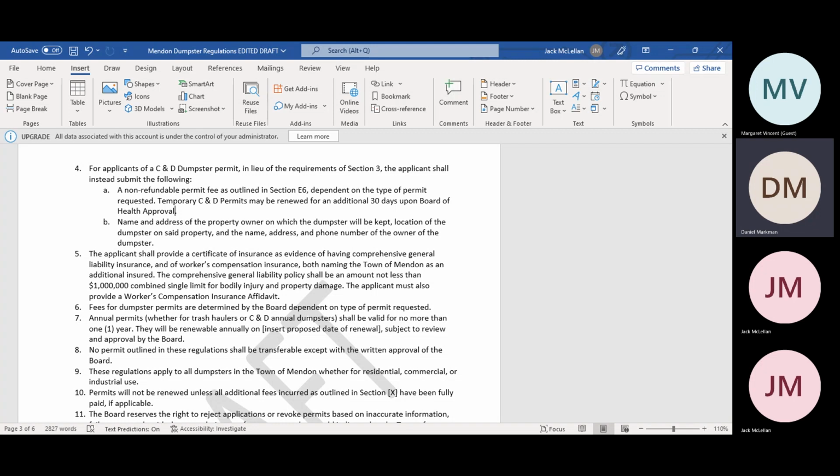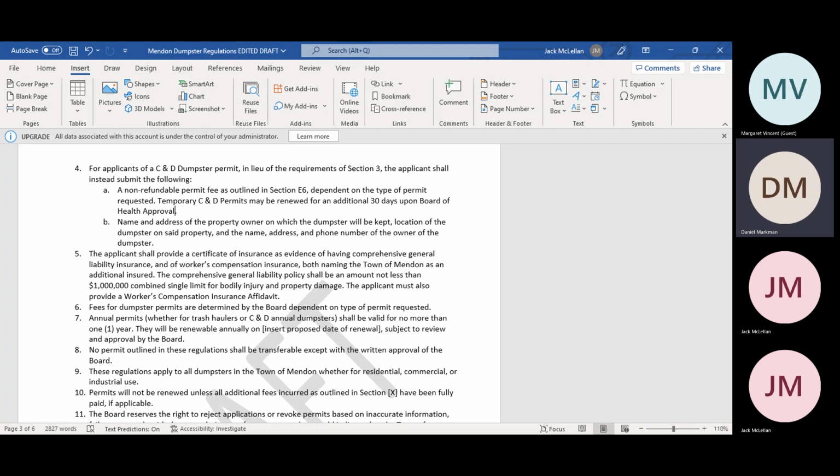They could pay a smaller fee since they're not making as much money. It would be an economic hardship to charge them the same as somebody doing 30 dumpsters a year. At least that's my understanding.